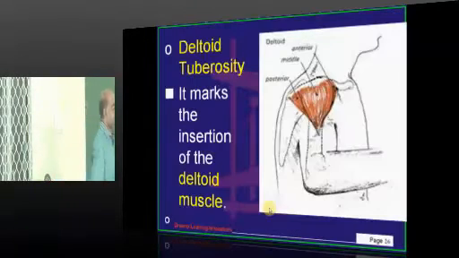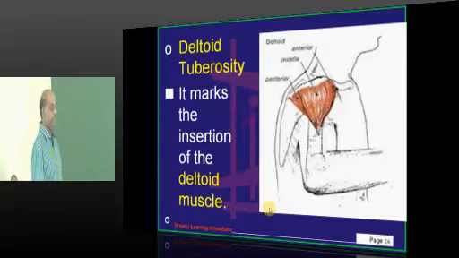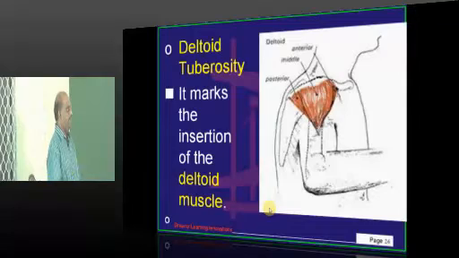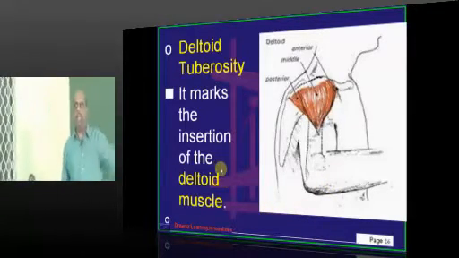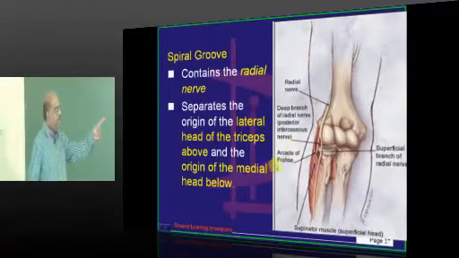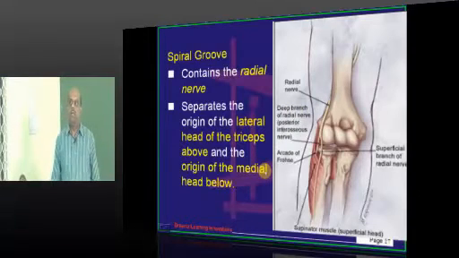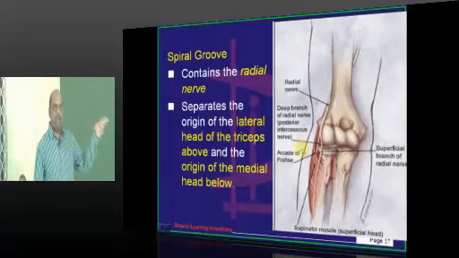Now, the deltoid tuberosity, what is the importance of it? As the name says, it marks the insertion of the deltoid muscle, which is an important abductor of the upper limb. Then the spiral groove needs to be remembered because it contains the radial nerve, with the lateral head of the triceps above and the origin of the medial head below.